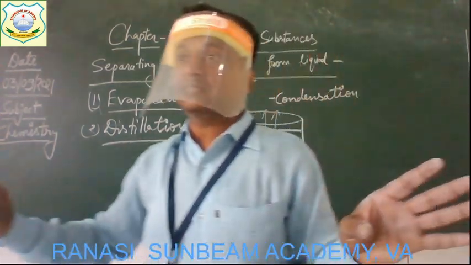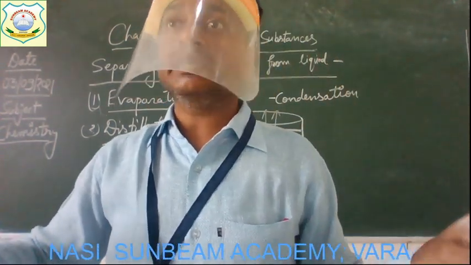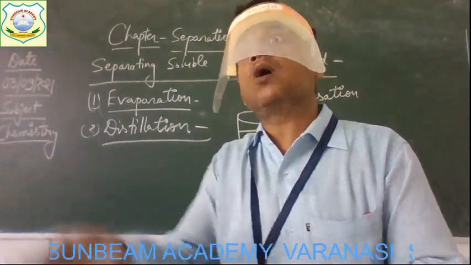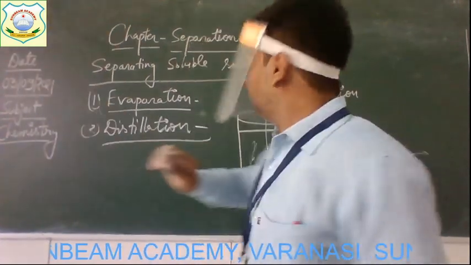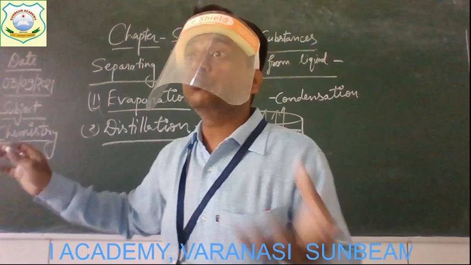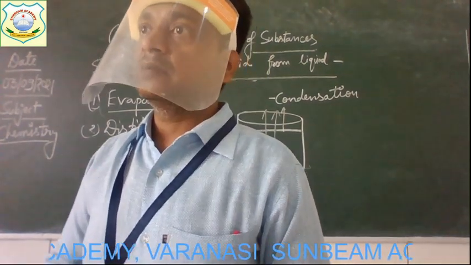Impurities will not vaporize because impurities are present in the form of solid, so they will remain in the container. Only the pure water will vaporize, and when the pure water vaporizes, we cool it, we condense it to obtain the pure water. Get it?